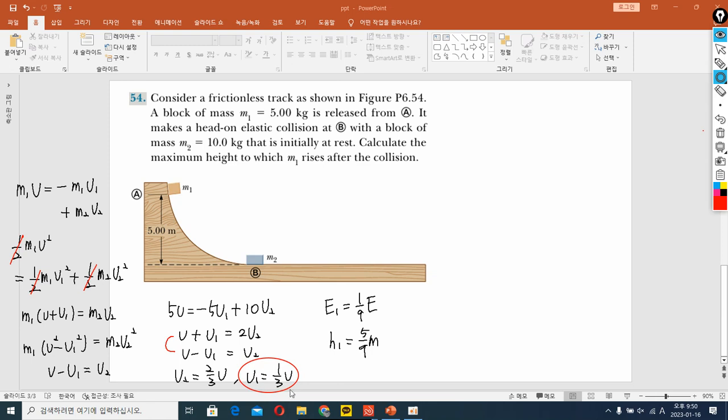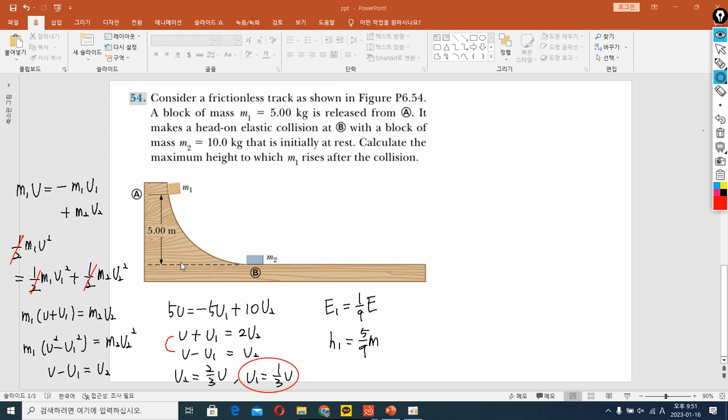This equation means the first object speed after collision is 1/3 of the speed before the collision. And because the kinetic energy is proportional to the speed squared, if it has 1/3 of velocity, the kinetic energy becomes 1/9 of the original kinetic energy.